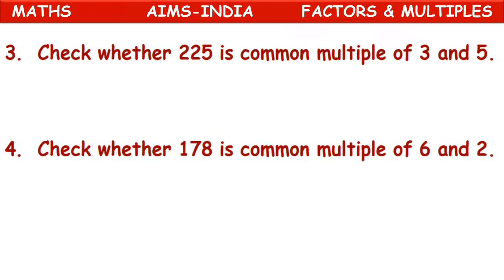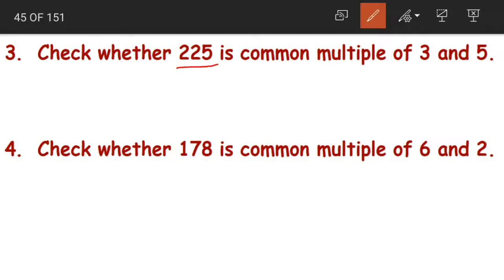Now coming to question 3. Check whether 225 is a common multiple of 3 and 5. Now what did we do for checking? We need to divide 225 by 3 and then 225 by 5. But if you remember the note, here 3 and 5, the factors of 3 are 1 and 3 and the factors of 5 are 1 and 5.